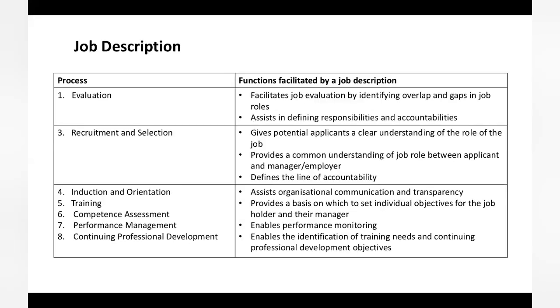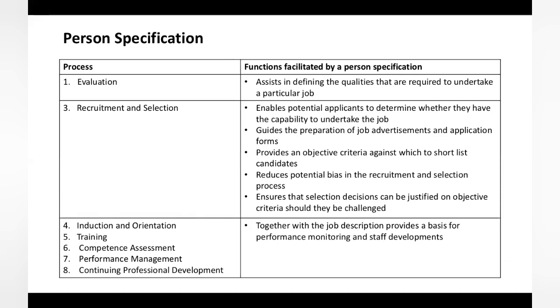So when you are developing a job description, after that you are creating an application form, then you are specifying the qualification. When you are specifying qualification, that means education, training, and experience required.